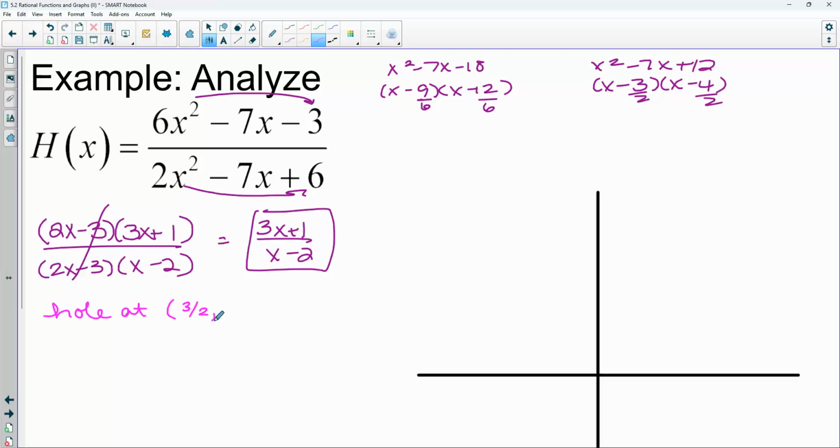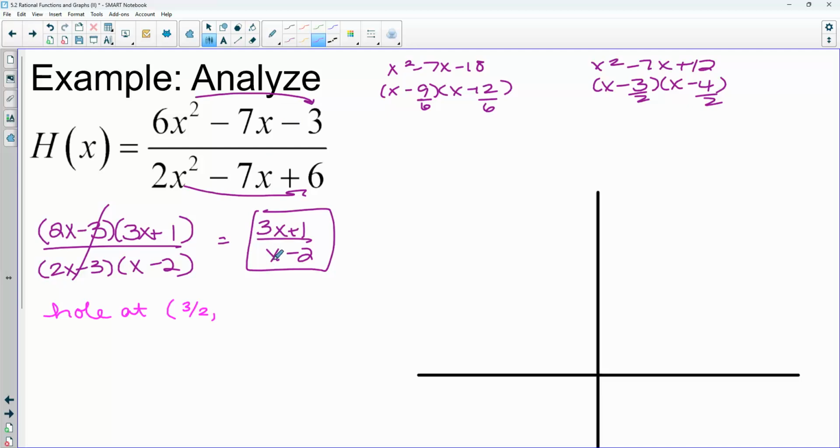So plug that into what's left. And what does that give me? Get negative 11.